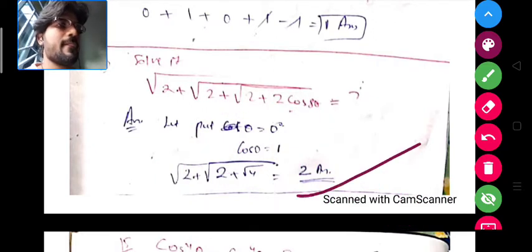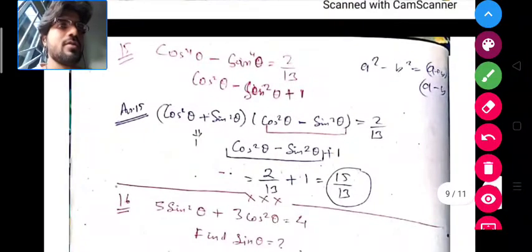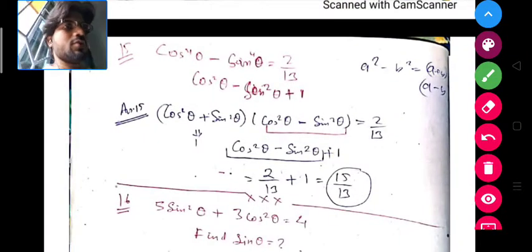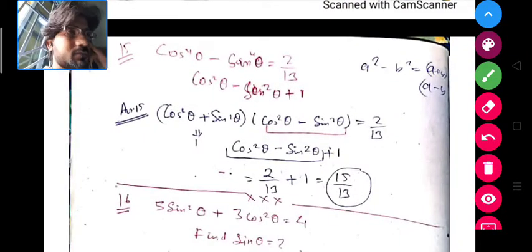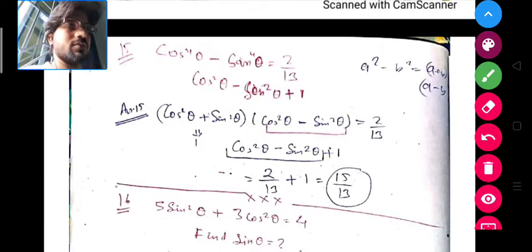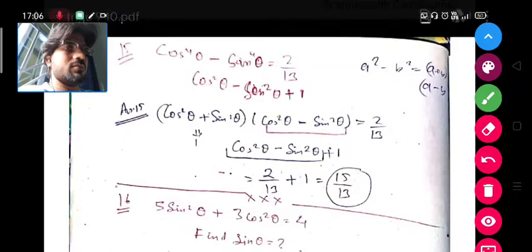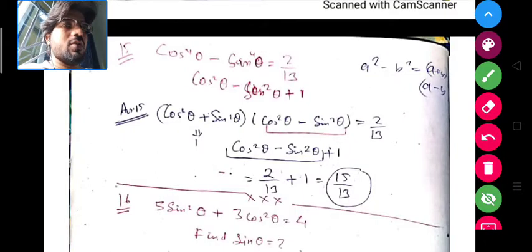Okay, next question. We have the same format. Cos 4 theta minus sin 4 theta is equal to 2 by 13. Then find the value of cos square theta minus sin square theta plus 1. We know that the value of a square minus b square is a plus b times a minus b.